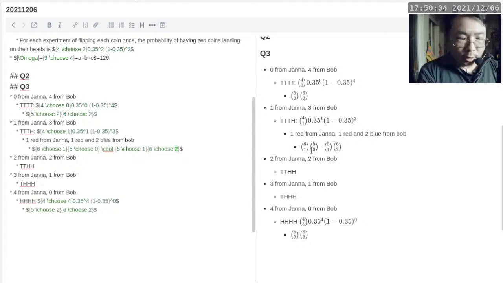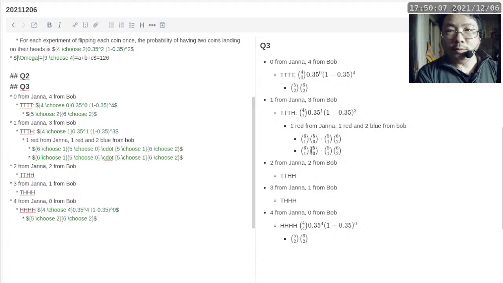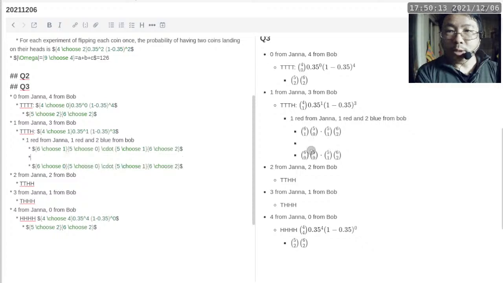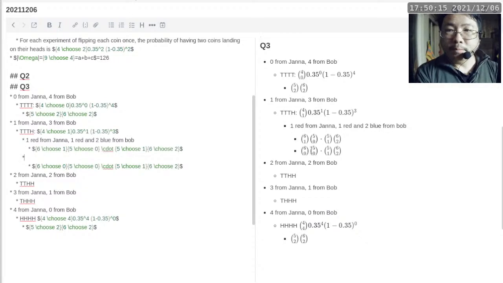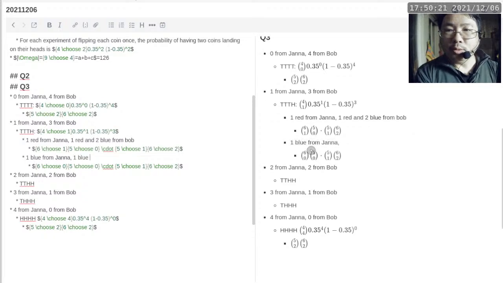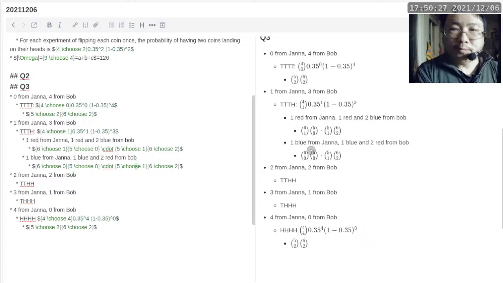Okay, so that's 1, and then we have to do the other one, which is Jana contributing a blue marble. So let me change the text here: 1 blue from Jana, 1 blue and 2 red from Bob. There we go.